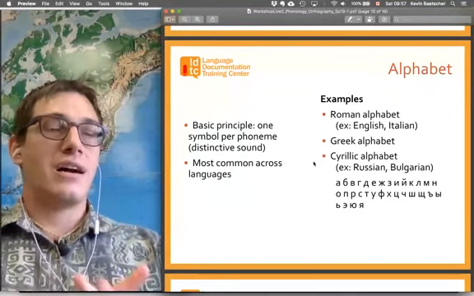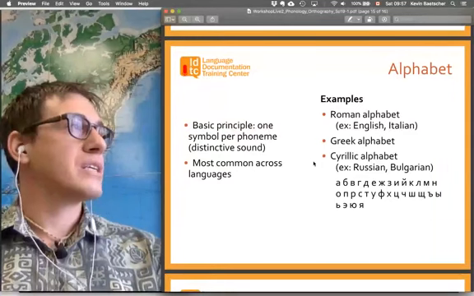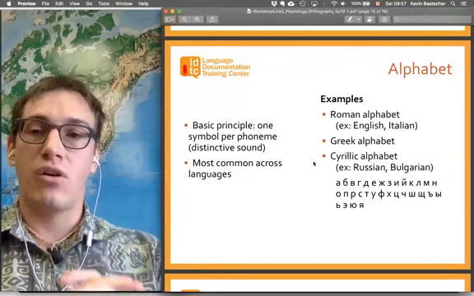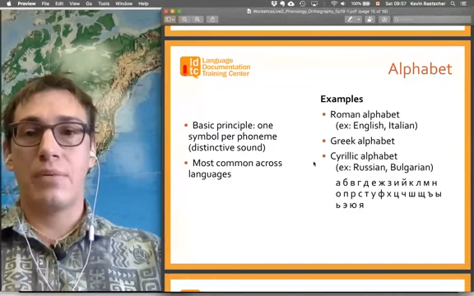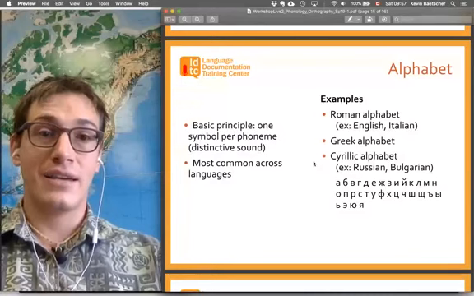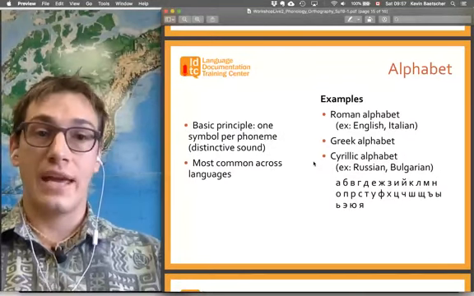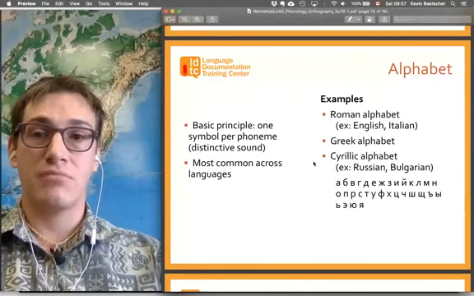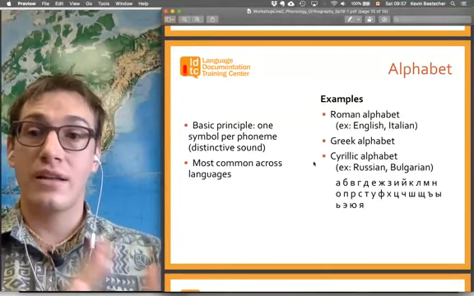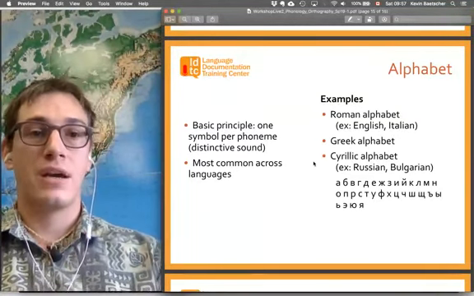It's fairly useful and easy to learn because it doesn't involve learning a whole lot of characters. One example is the Roman alphabet, also called the Latin alphabet, which is the one used by English or Italian, most, probably all European languages, modified for different languages.